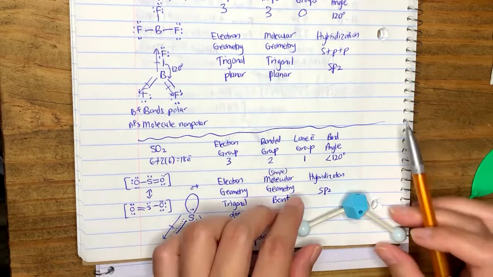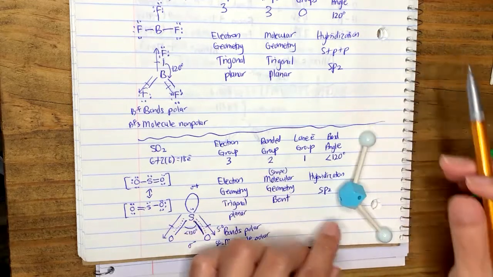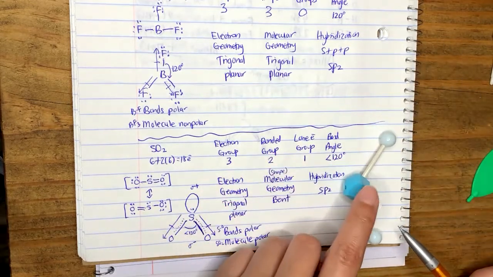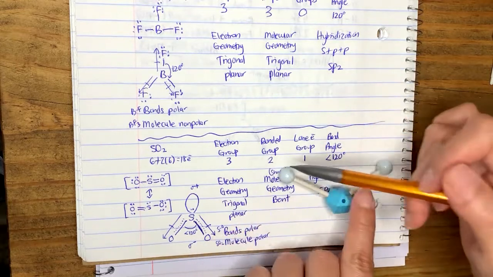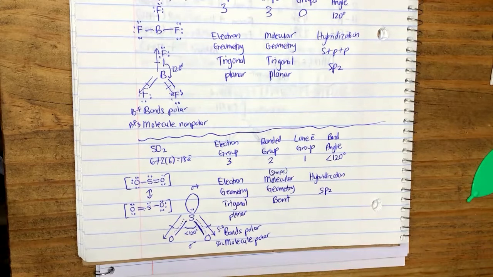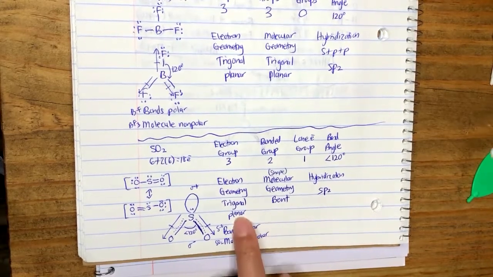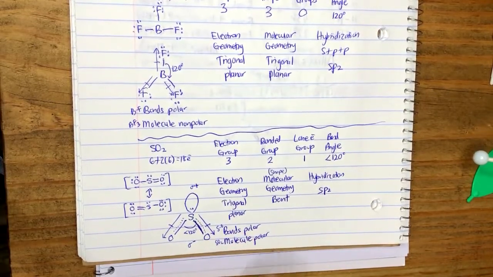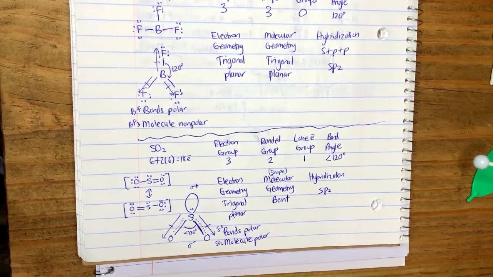Wherever you move the molecule around, this side is always the negative side, this side is the positive side. The negative side is where the oxygens are, okay? So that is how you look at the difference between molecular geometry and electron geometry, and you can tell in this case, bonds are polar, the molecule is also polar because they did not cancel out.